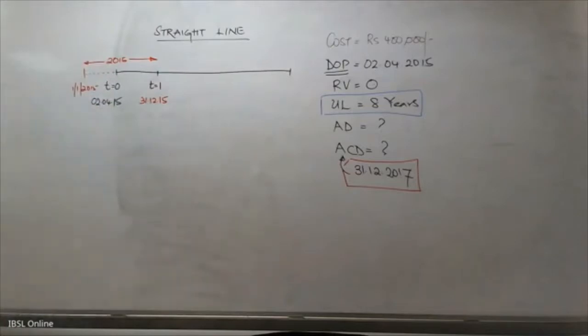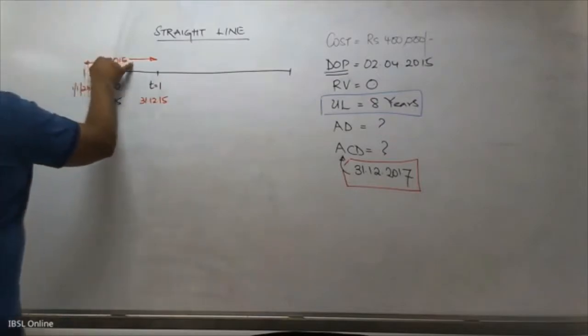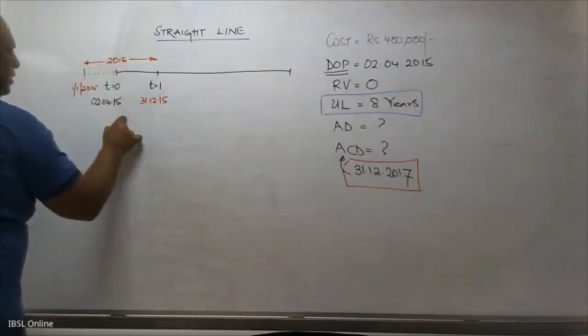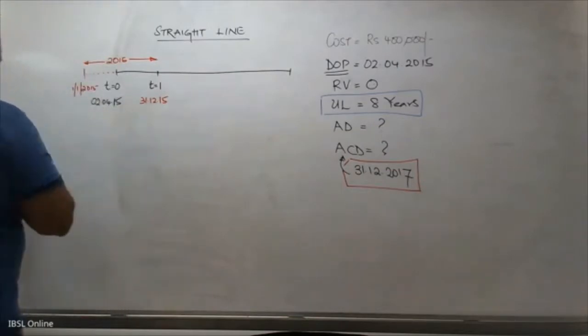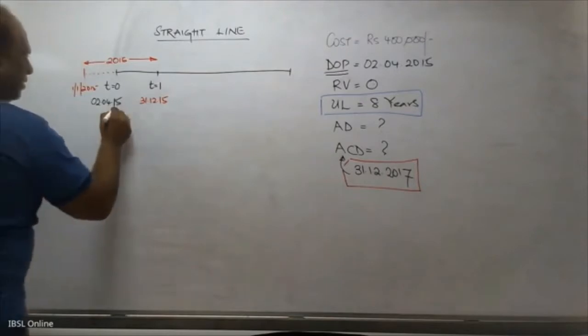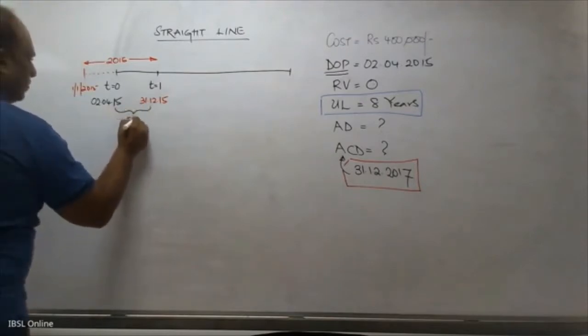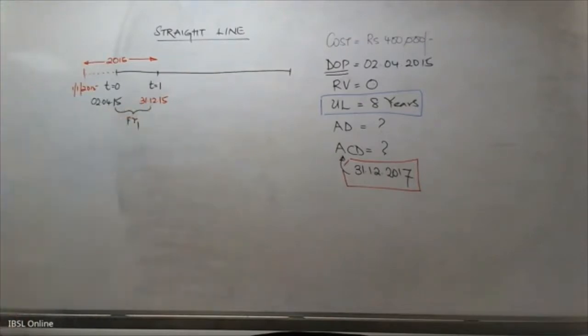When you look at this financial year, you end it on 31/12/2015, which becomes your first financial year. I will call it FY1. Then you go to the second financial year.